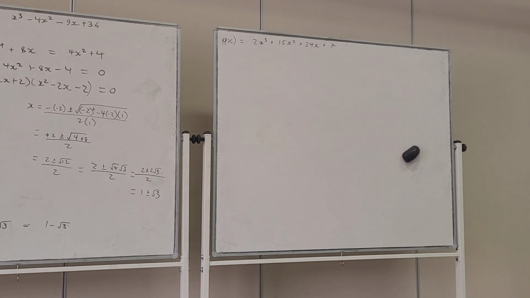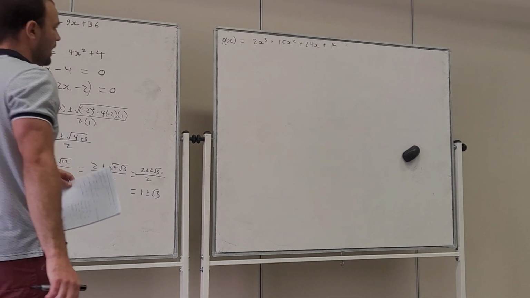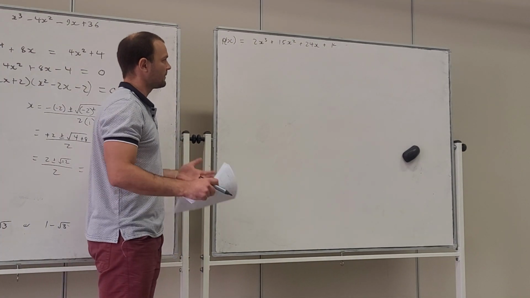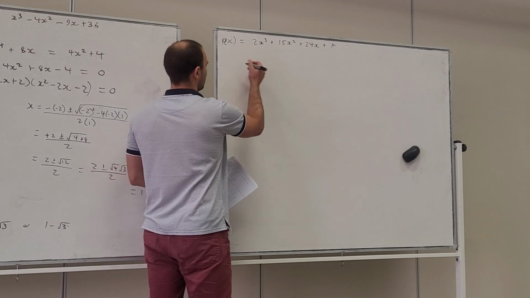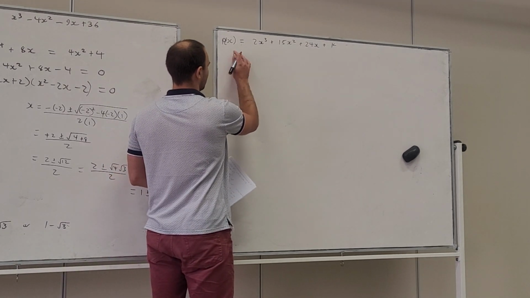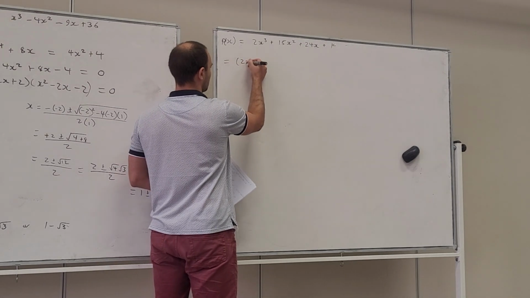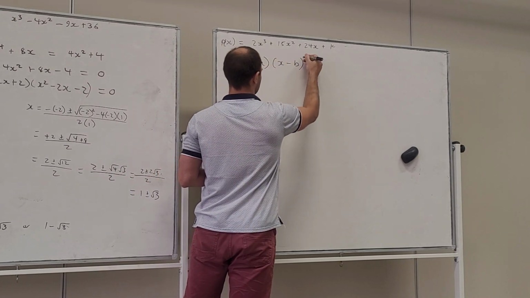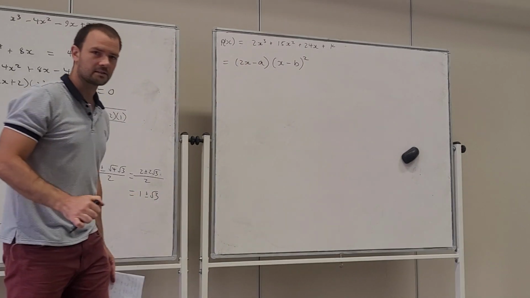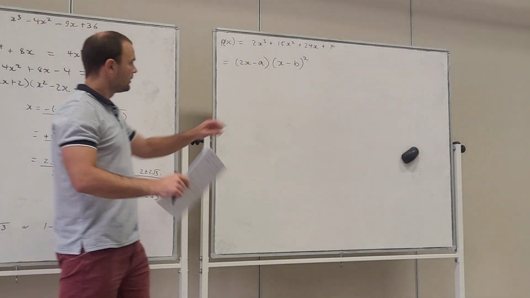Two of them are identical. So the way I'm going to show you how I've set this one up to start with, and then I'm going to explain my reasoning behind it. The first thing I've done is I've written this as a linear factor, 2x take a times x take b squared.